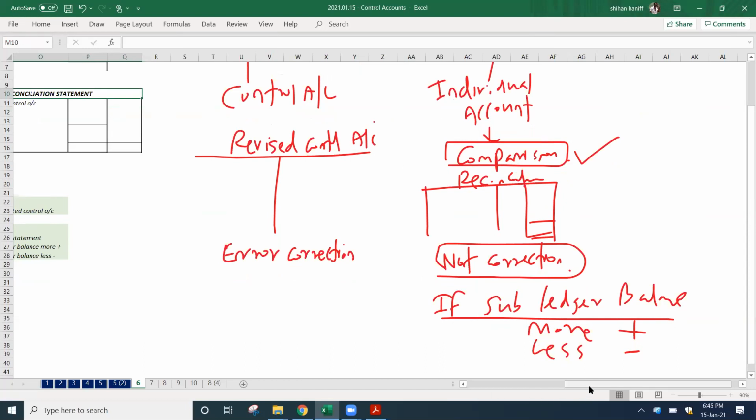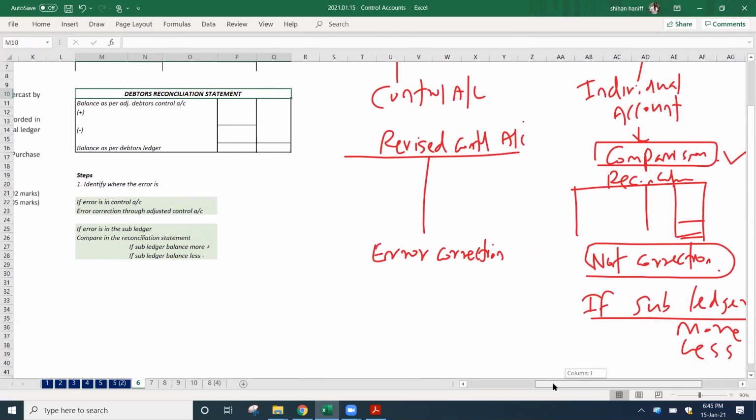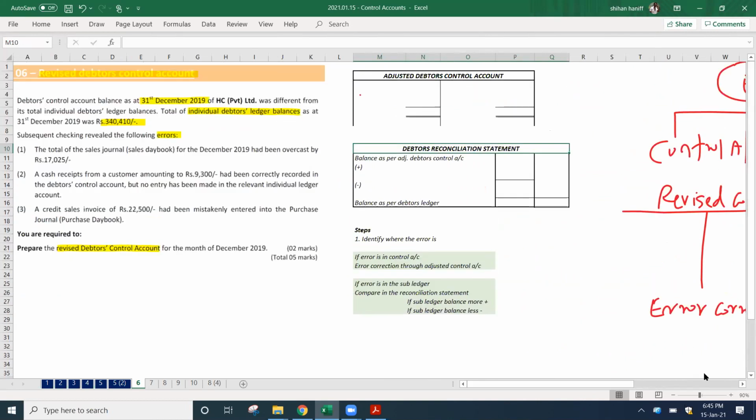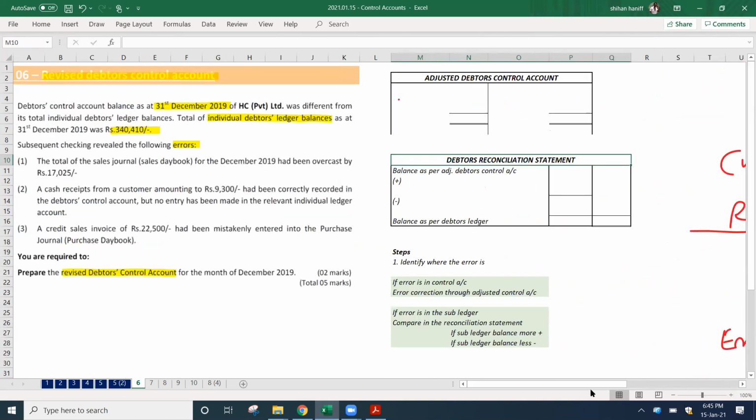Okay. Now let's move on to the question. They have given the debtors ledger balance as 340,410. So once we complete this, this is the closing balance.